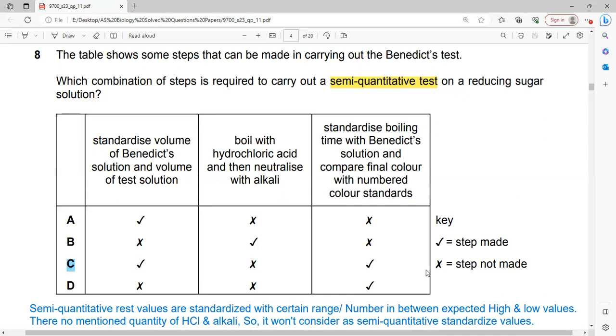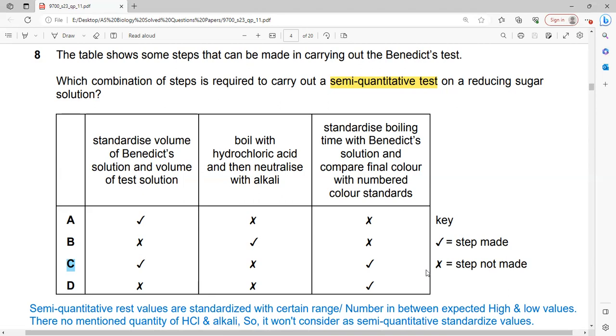So semi-quantitative means it's a type of qualitative test, but we are making this test quantitative by having standardized calculations. For example, the standardized volume of the Benedict solution and the volume of the test solution. So if we take a measured volume of Benedict solution with a measured volume of the test solution, this will be our semi-quantitative test.